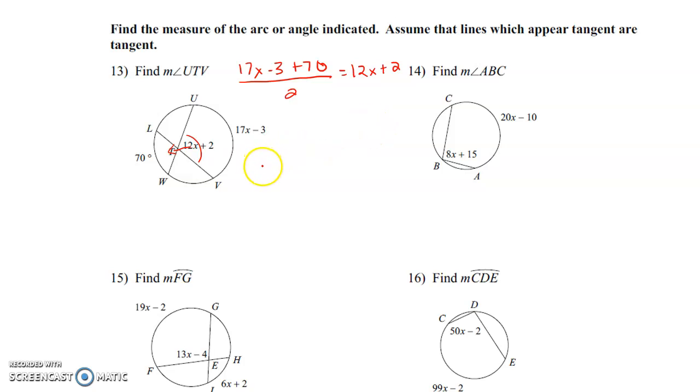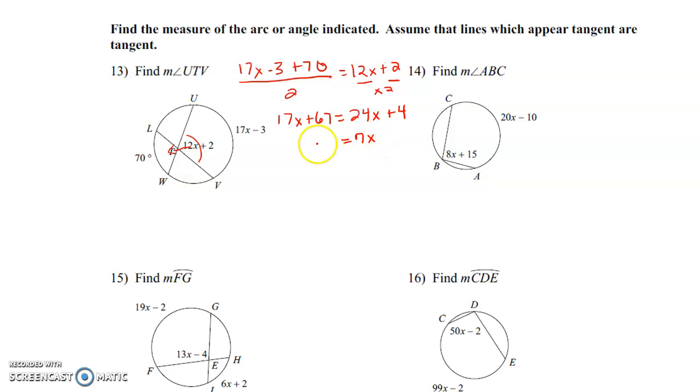Okay, so now I'm going to combine my like terms for my numerator, and I'm going to multiply each of these terms right here and right here times 2. Okay, I'm going to get all my x's on the same side, so I'm going to subtract 17x from both sides.